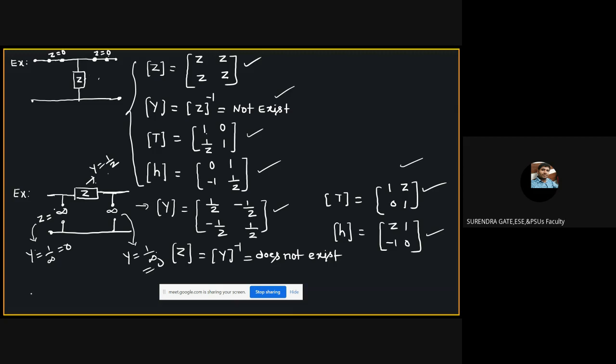See, for example, I am giving one question. For the network shown in the figure, find y22.